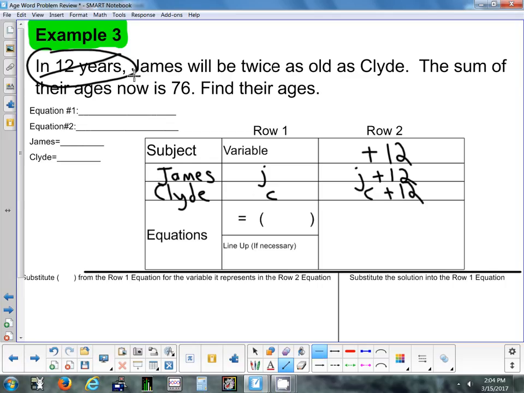What's the first thing I'm going to write for my future equation? What do you think, Maggie? James. And we're in the future, so what's James in the future? Will be. Okay, I know will be, but James, right? I'm talking about James in the future. How am I representing James in the future?